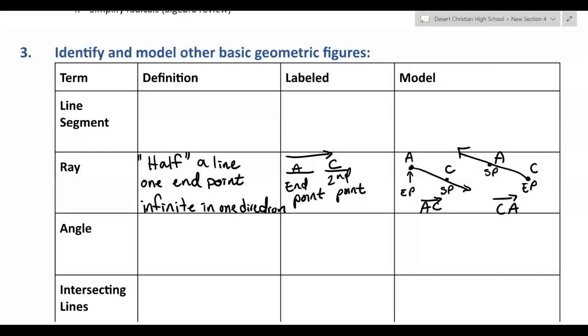Okay, so then we took a ray and cut off part of it. We started with the line, cut that in half, so now we have half a line, then we cut another piece off, and then we had a line segment, or we'll refer to these as segments. EG. A segment is a piece of a line with two endpoints.